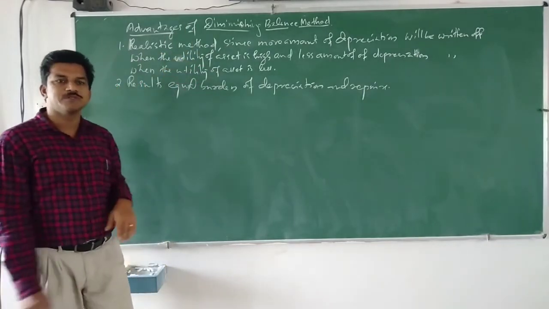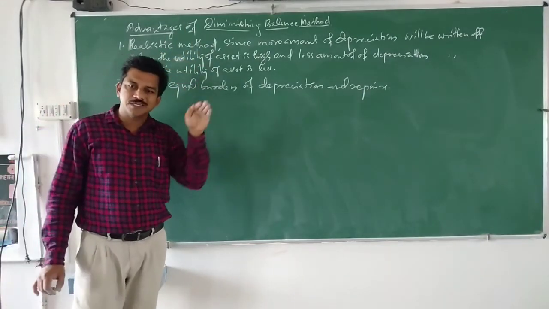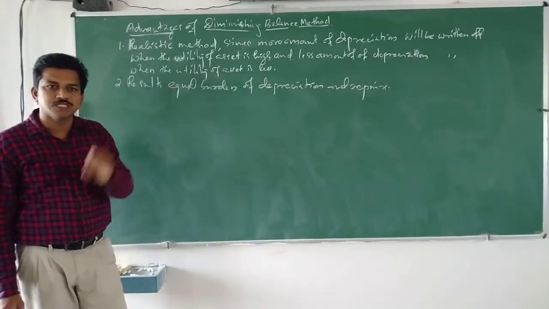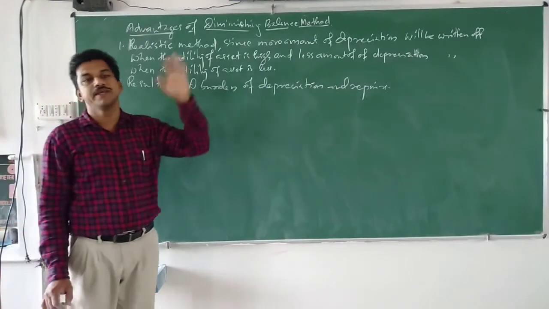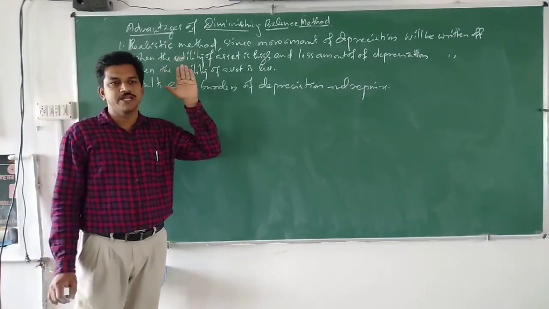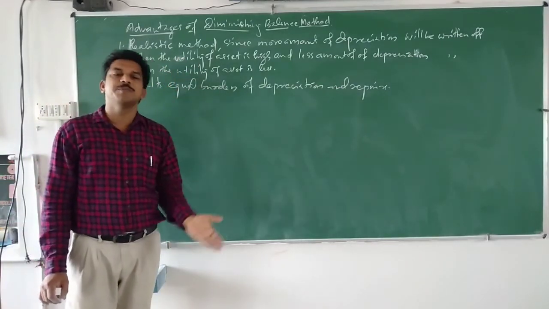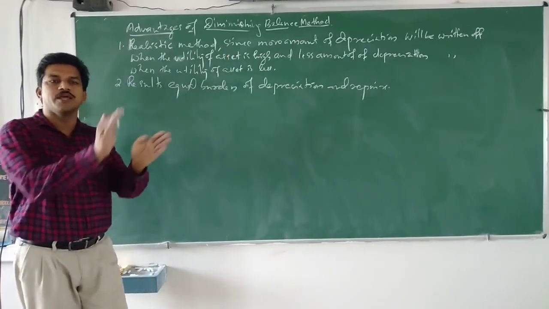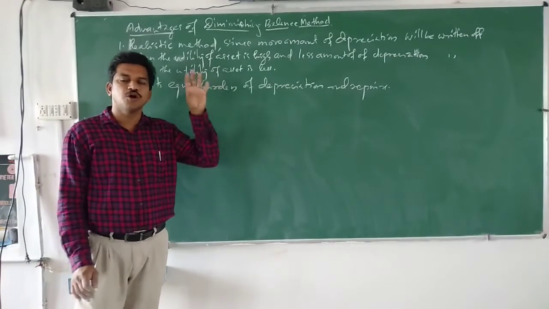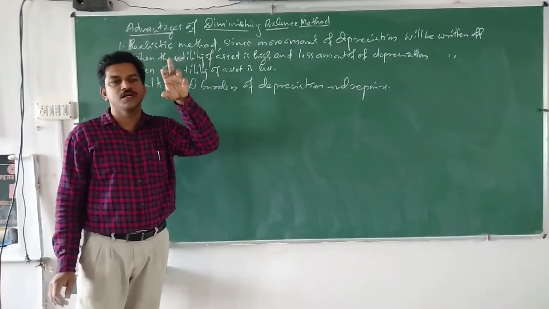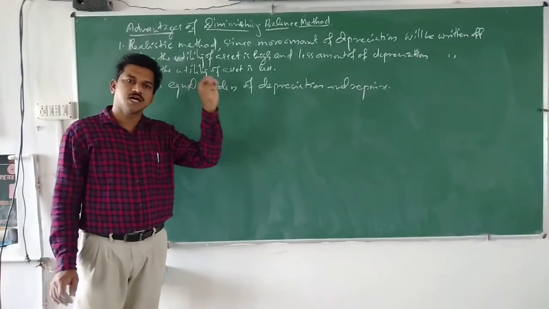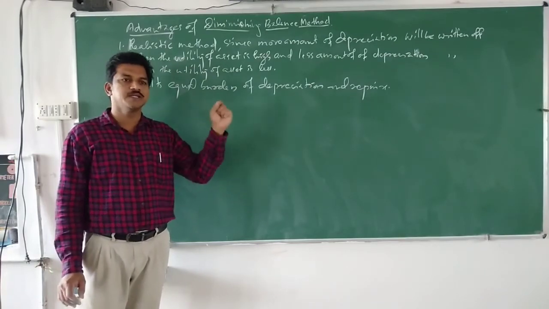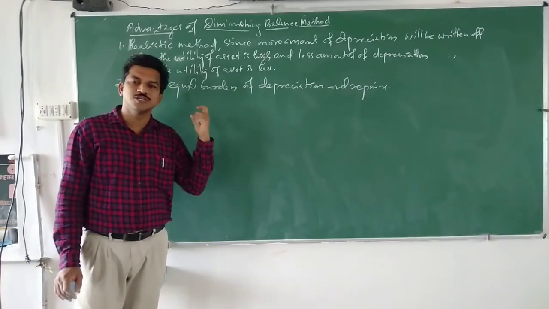But here, every year depreciation decreases, and of course we know that when the utility decreases, the repair charge increases. So we will get an almost equal combined amount of depreciation and repair charges in the profit and loss account. So that's why it gives a realistic result.